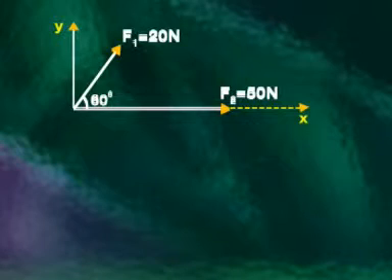For convenience, we can align the forces so that one of them lies either along x or y-axis. Letting the 50 Newton force lie along the x-axis, we have the situation as shown on the screen.